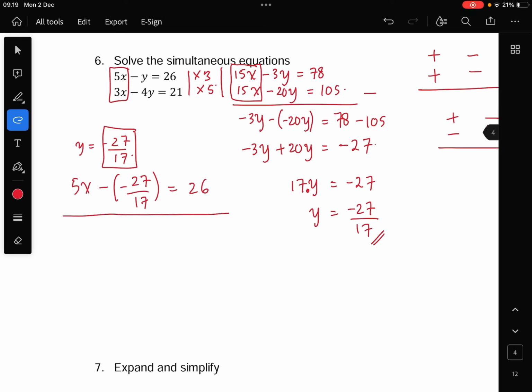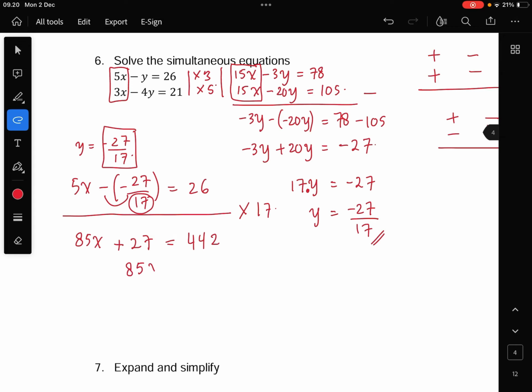If I don't want to work with fractions, I multiply everything by 17. 5 multiplied by 17 is going to be 85x. When you have a minus and minus, it means you have a plus 27. Because of the 17 here, when you multiply it with 17, the fraction is gone, equal to 26 multiplied by 17, which is 442.